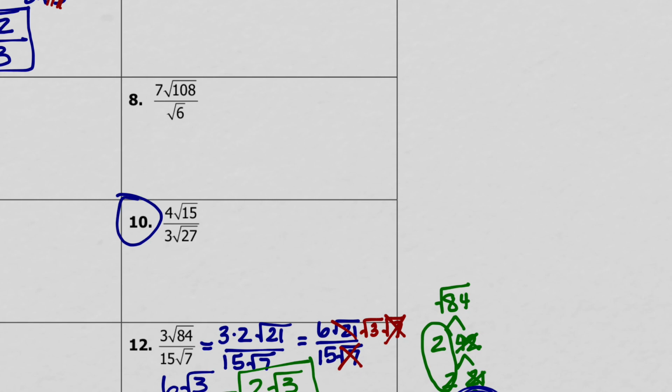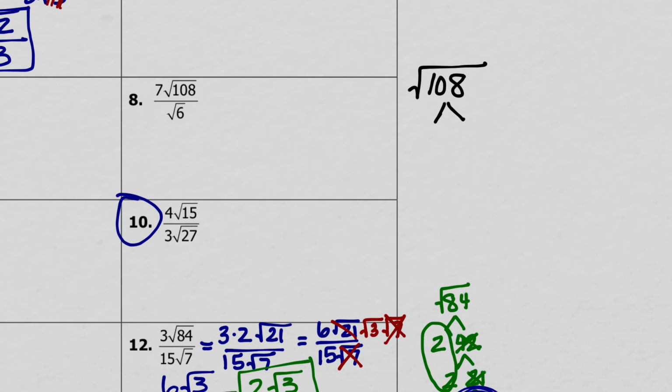Okay, so we had said yesterday that we need to simplify radicals. So I'm going to simplify square root of 108.